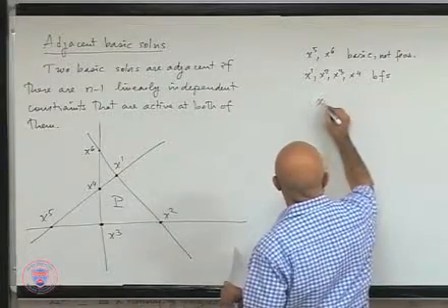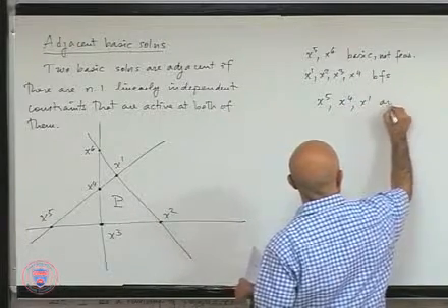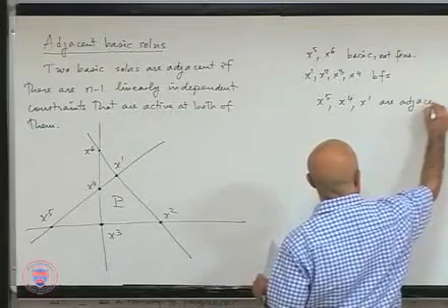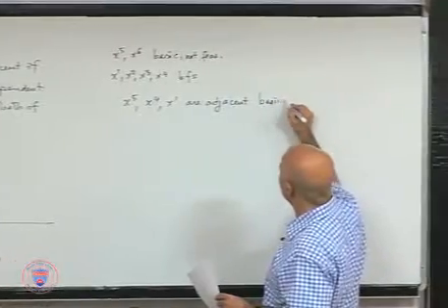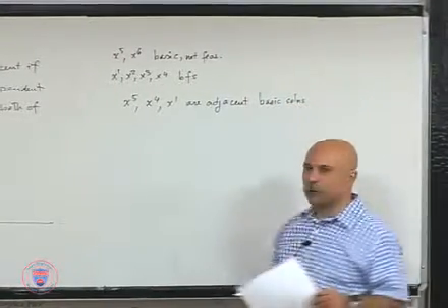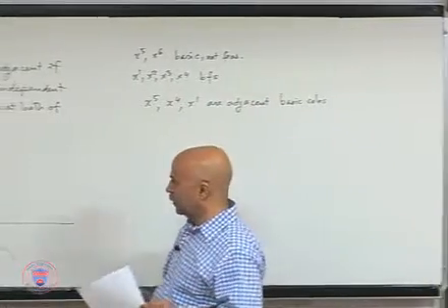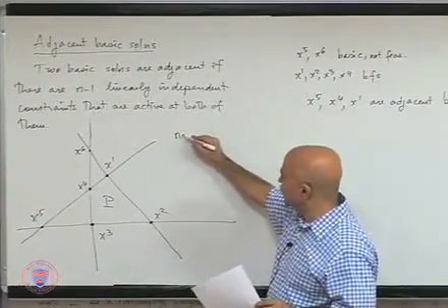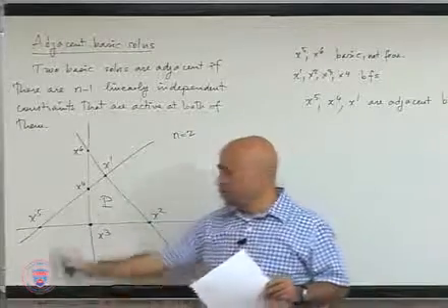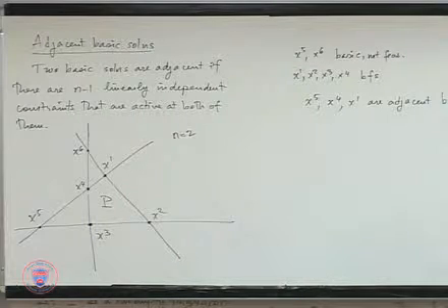So x5, x4, x1 are adjacent basic solutions. We're not talking about feasibility here. We're talking about basic, adjacent basic solutions, because they share n minus 1 linearly independent constraints. N equals 2 here. And so there's only one constraint that is shared by each of these points in their active sets. Okay?